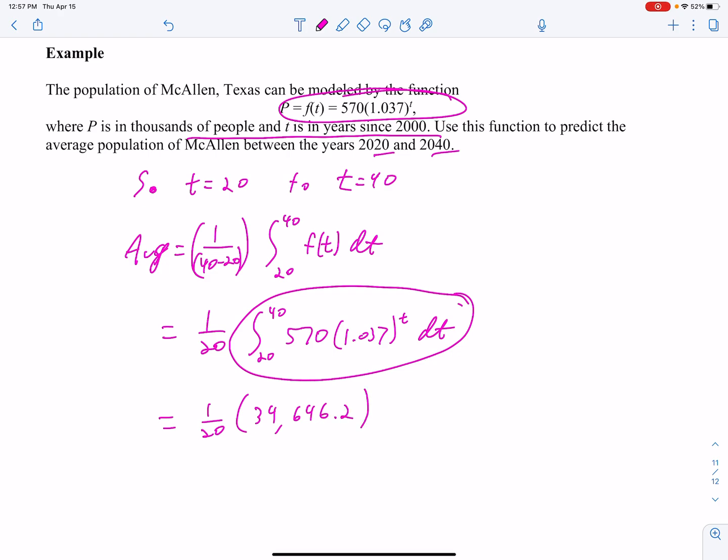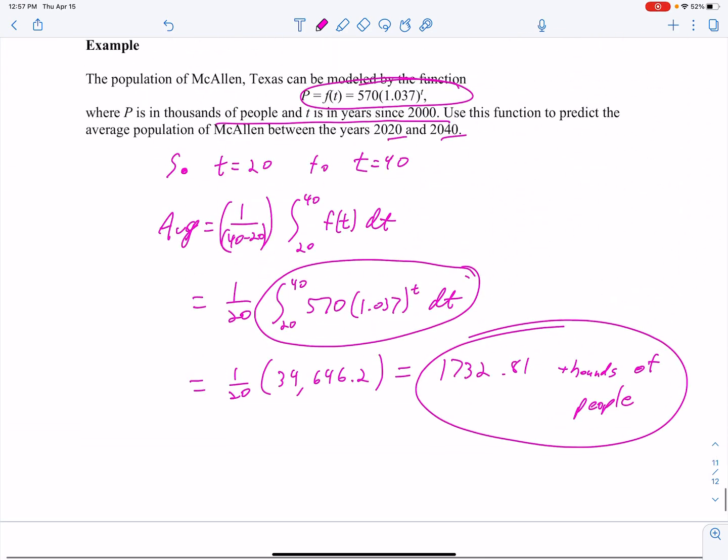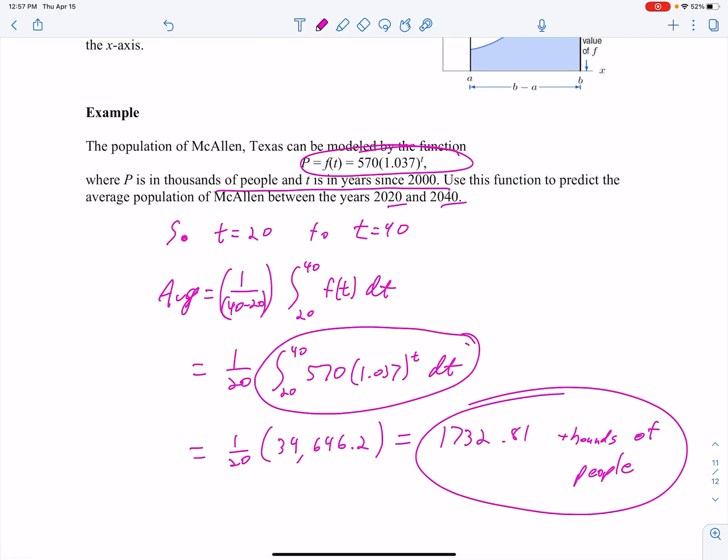Then divide by 20, and you should get 1732.81, and the units are thousands of people. And there you go. That's the end of this chapter. Thank you very much.